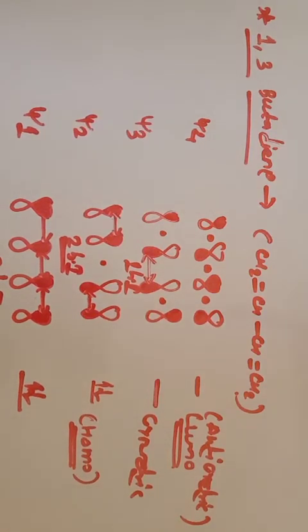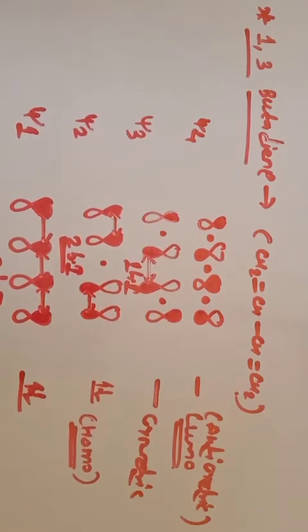If there are 4 carbons, then there are 4 wave functions. And the nodes: the number of wave functions minus 1 indicates the number of nodes, and which p orbitals are involved in bonding and which are not. So this is regarding 1,3-butadiene.